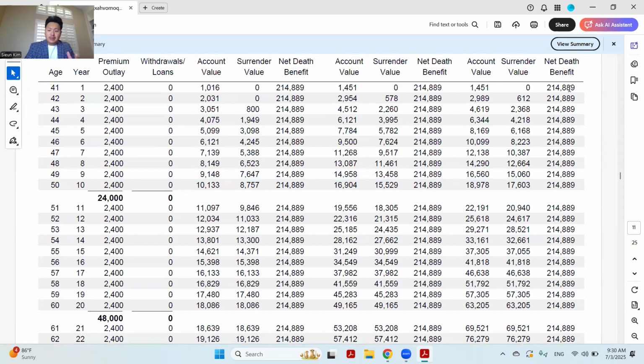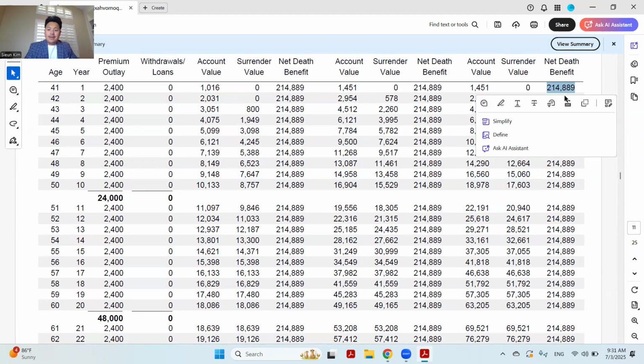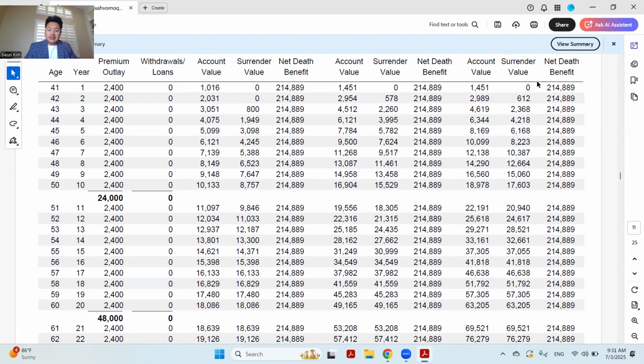That's number one. Number two, if the client got really sick with terminal, critical, or chronic illness, then you can get access up to 100% of this. But if the client didn't die, didn't get sick, and they're still alive, then this can also help them with their retirement.